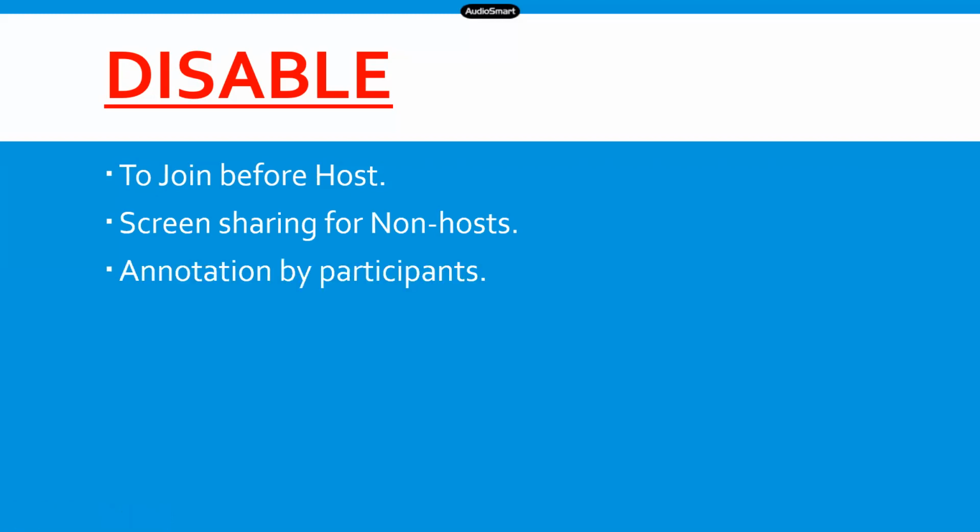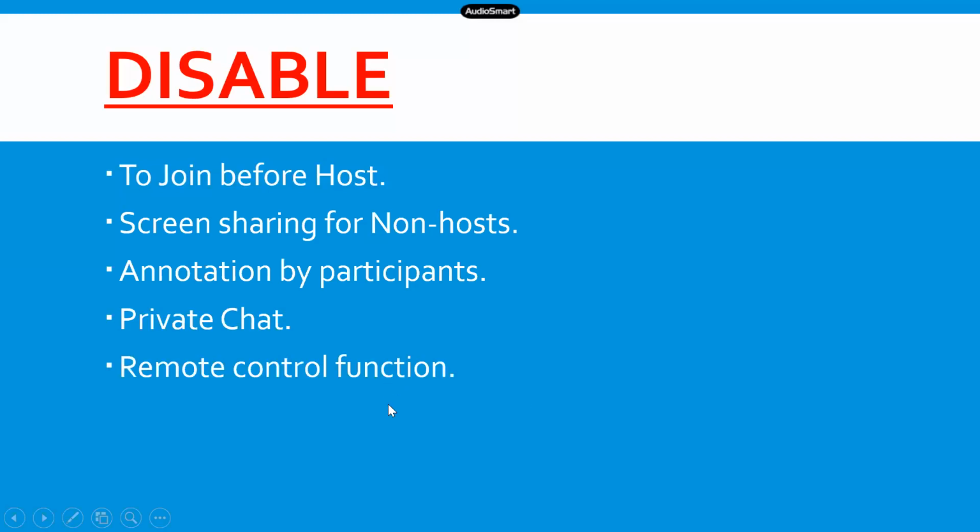Annotation by participant is disabled because sometimes accidentally participants may touch their screens or may give some markings on the screen that may be seen as annotations by all other participants, which may be annoying or disrupting or disturbing. Private chat, remote control function, and audio and video participants may be disabled.